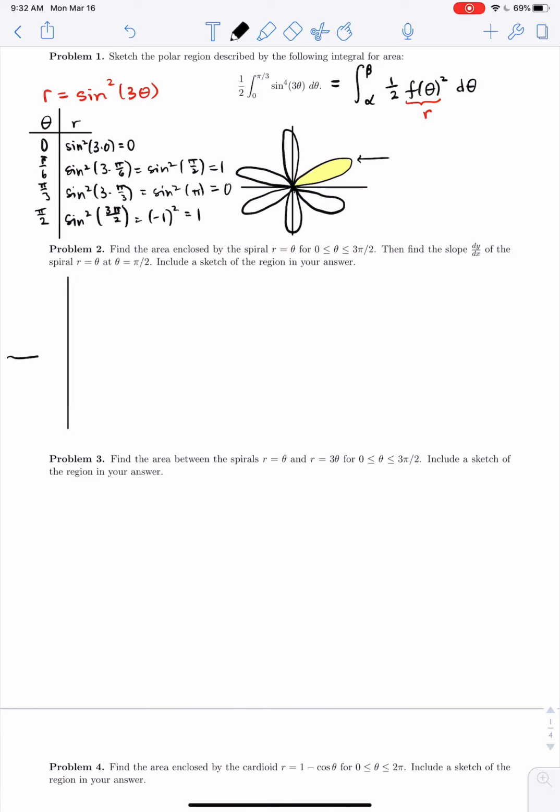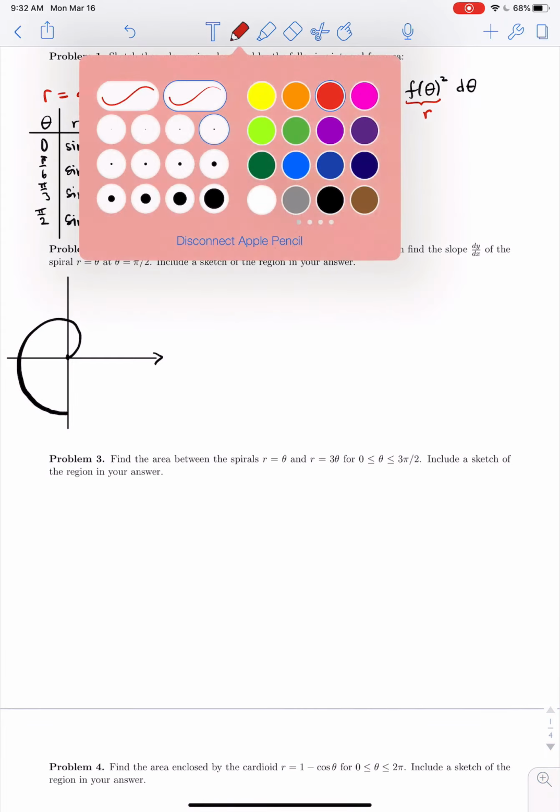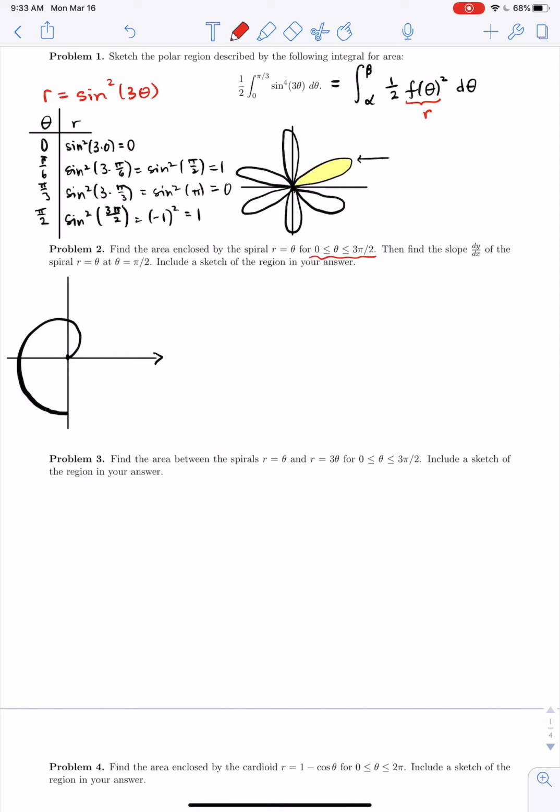And again, you can make a table of theta and r like we did in problem 1 to plot some points, but this is roughly what that curve is going to look like. And it keeps going, but I'm only graphing the part of it that lives between 0 and 3 pi over 2 for theta. Okay, so we're finding the area enclosed by that spiral. So that's going to be this yellow region.